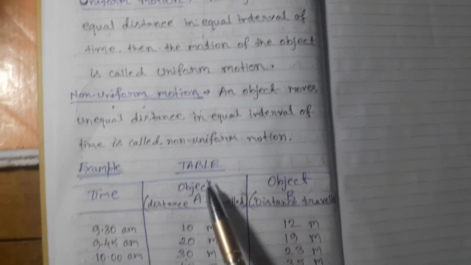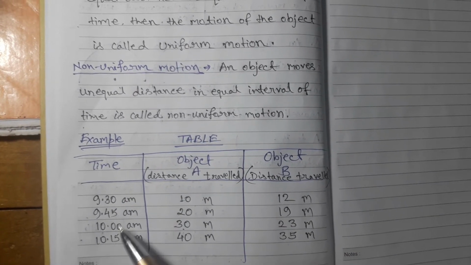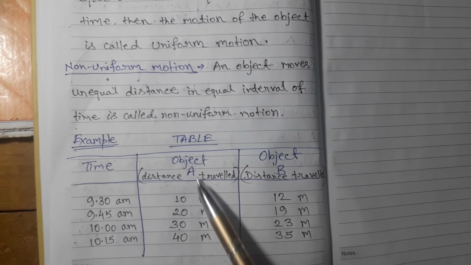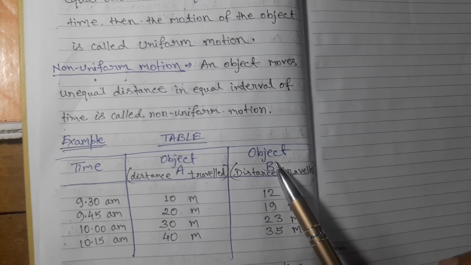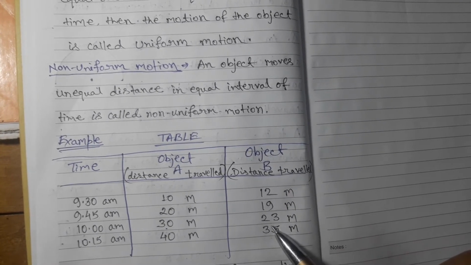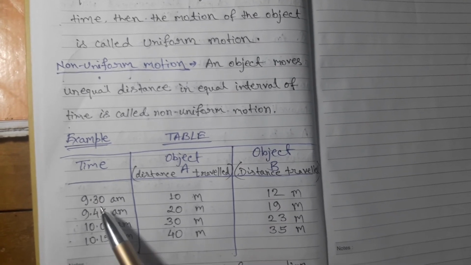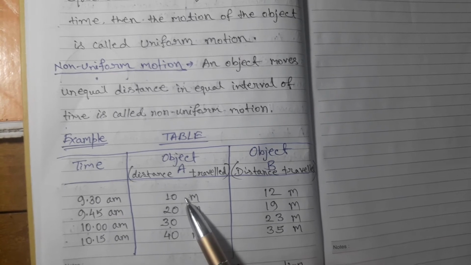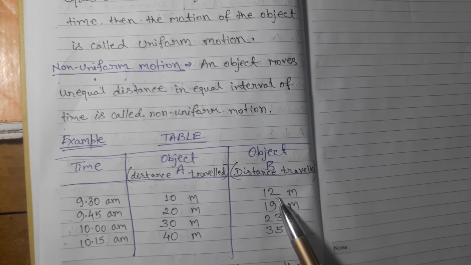For example, in the table we see that the time is given in the first column. Distance traveled by object A is given in the second column and the distance traveled by object B is given in the third column. We see here equal intervals of time. At 9:30 am, distance traveled by object A is 10 meter and by object B is 12 meters.